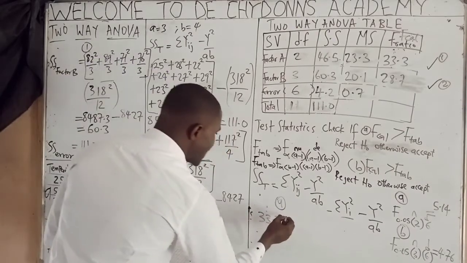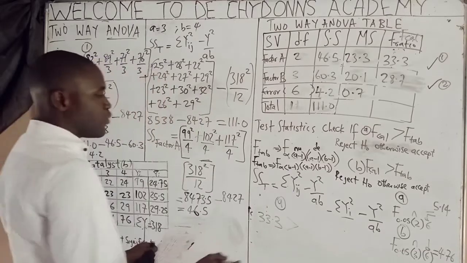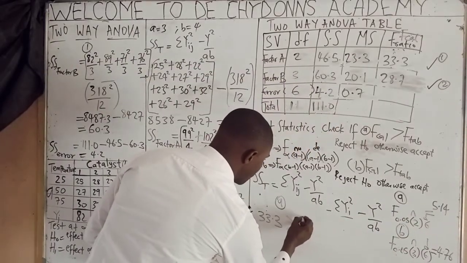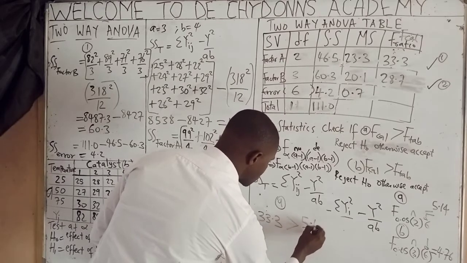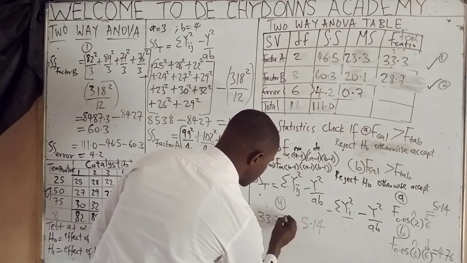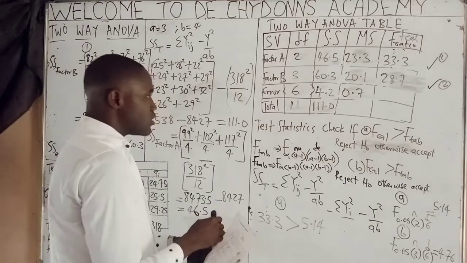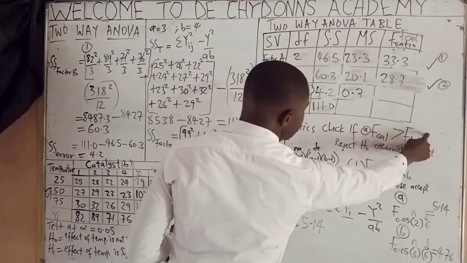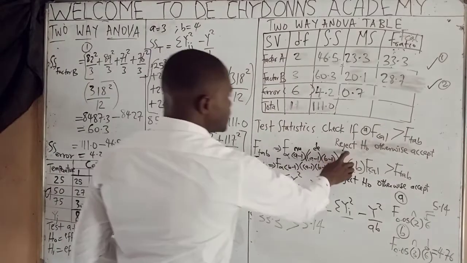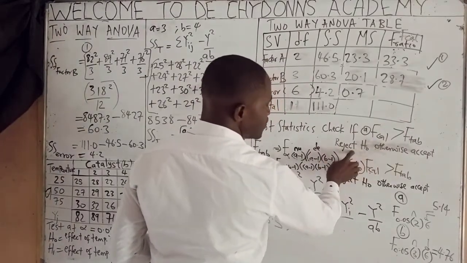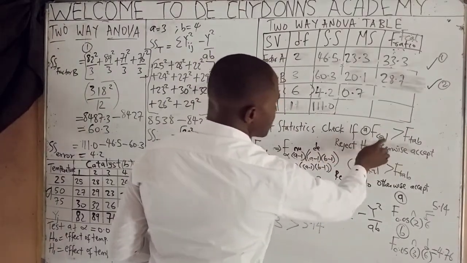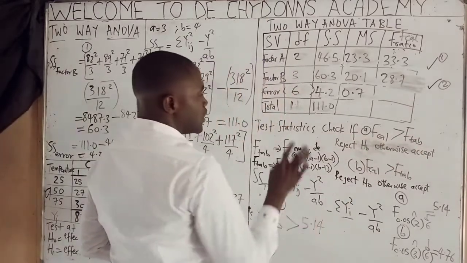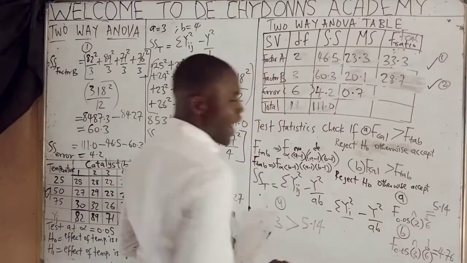Now you check whether it is greater than F table. What is the F table of it? 5.14. Now the instruction says if F calculated is greater than F table, say reject null hypothesis. But if F calculated is less than F table, it means accept null hypothesis.